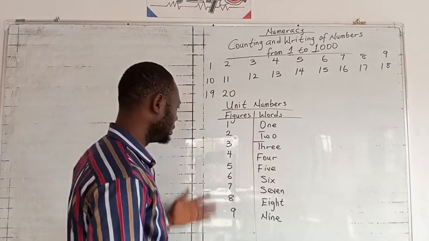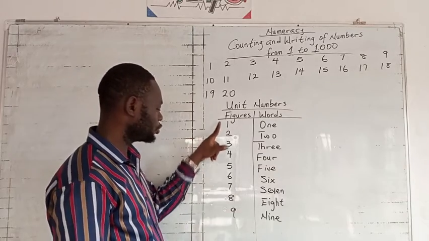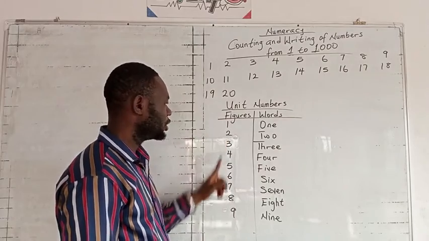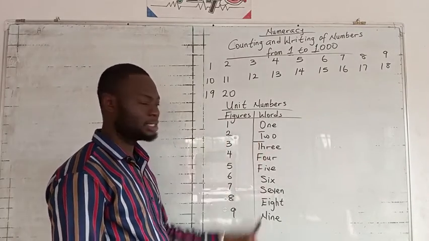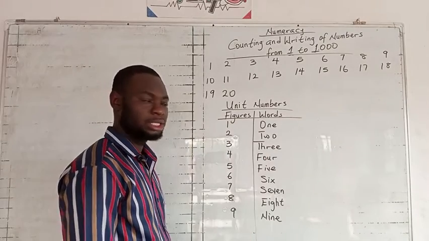These are the unit numbers. They go from 1 to 9, and they are spelled like this. So you study the numbers and study their spellings.